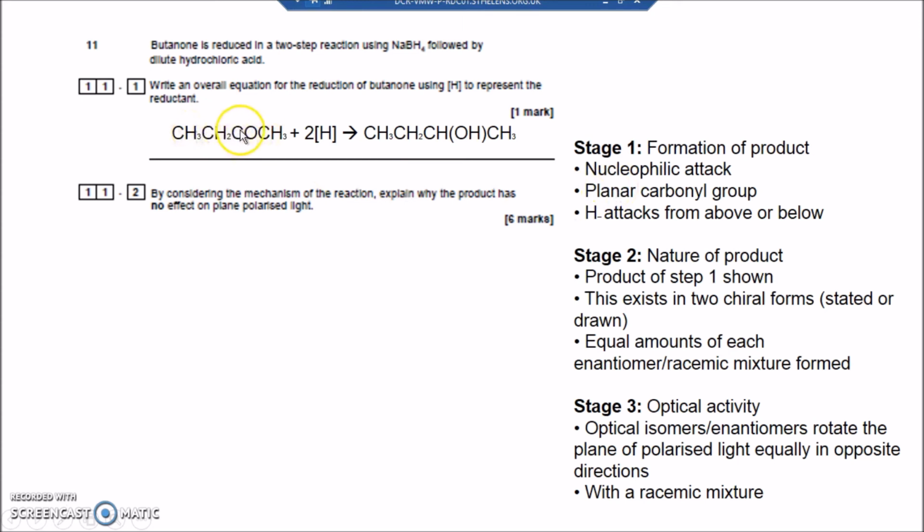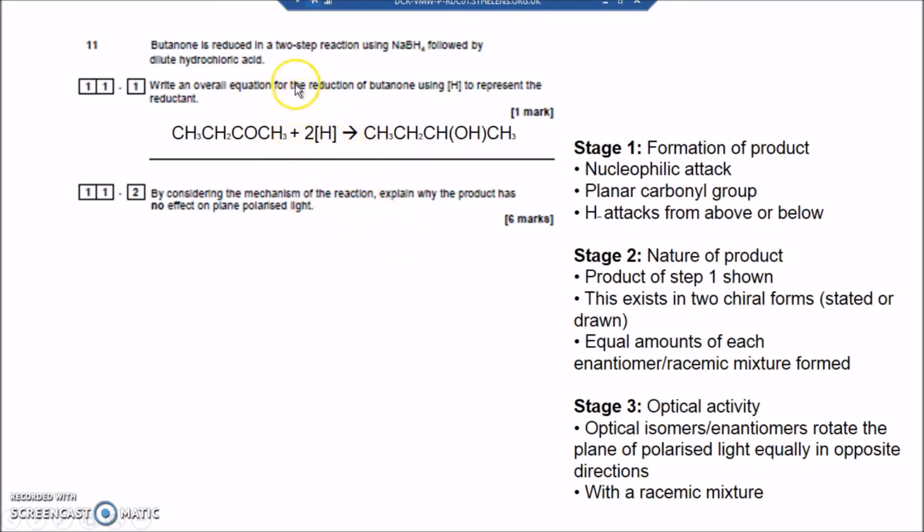It's only going to have 3 bonds, a double bond to the O and a bond either side to a carbon, so it's only got 3 atoms bonded to it. It's not got 4, it's not tetrahedral, so it's going to be flat. So the hydride ion can attack from the bottom or from the top. It can attack from above or below.